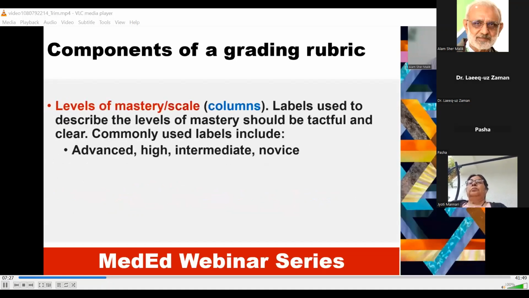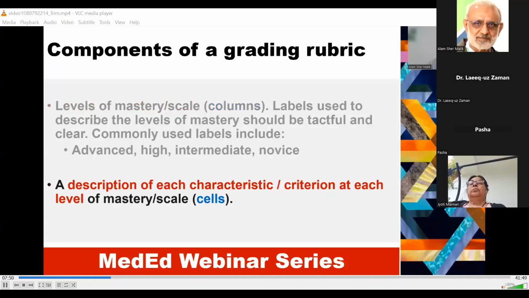Levels of mastery or levels of achievement. These are given in columns. The labels used to describe the levels of mastery should be tactful and clear. Some commonly used labels include advanced, high, intermediate, and novice.